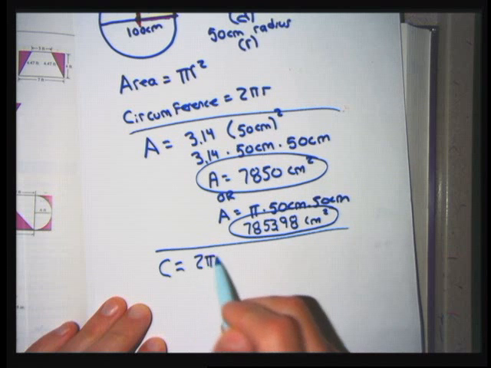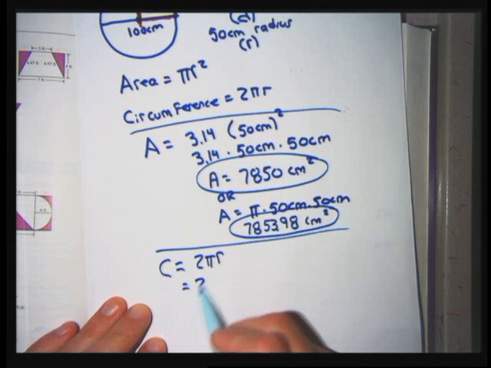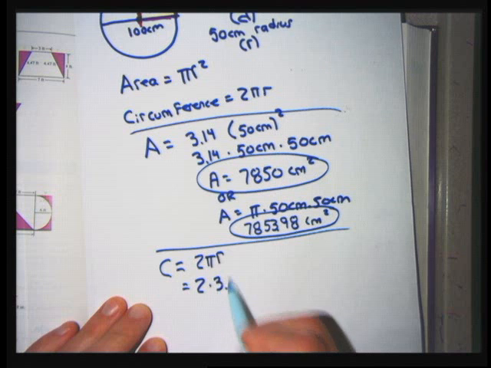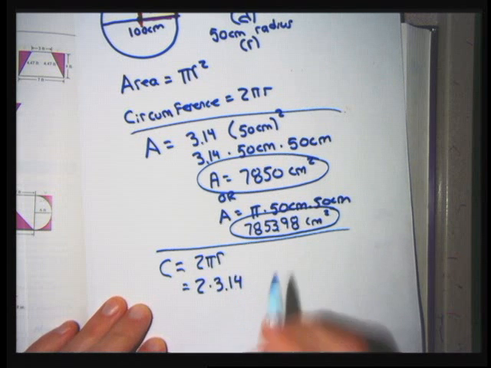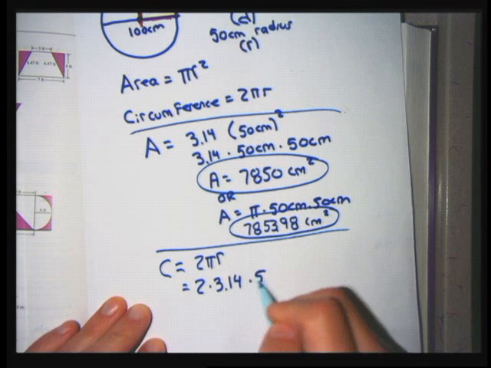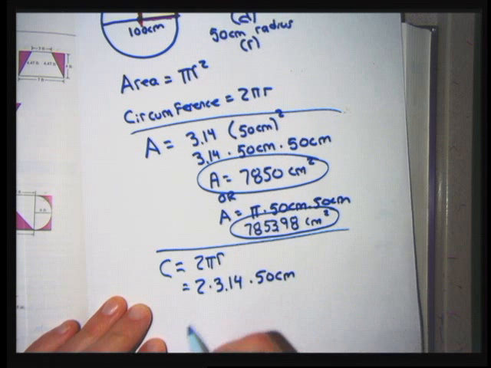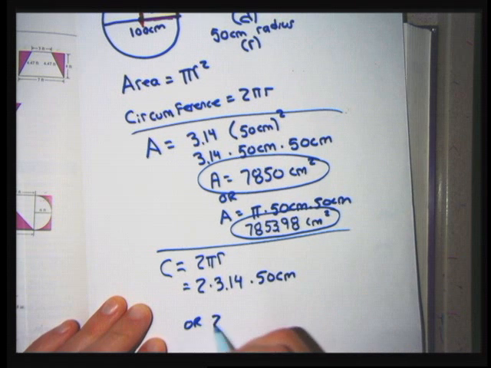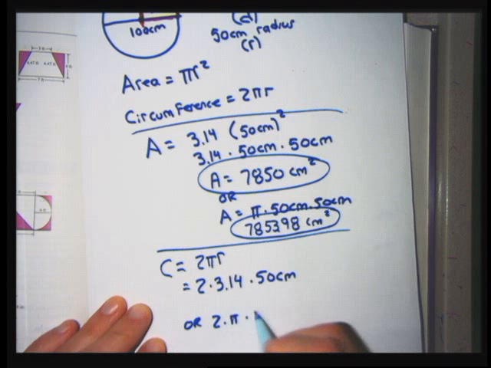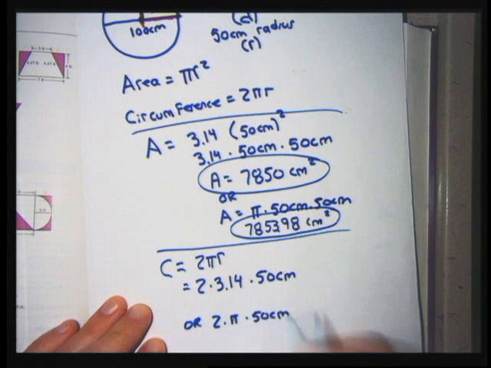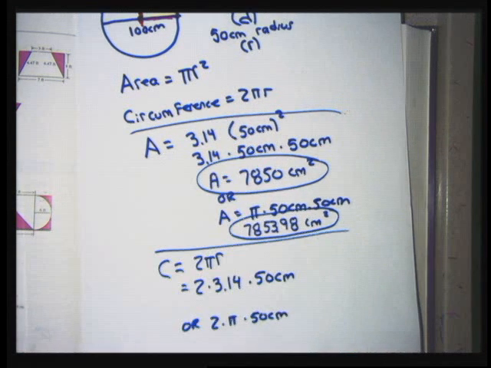And now the circumference, I'll have the same deal. If I use 3.14 for pi, I'll get a different answer than if I use the pi button. But nevertheless, to do the circumference, the formula is 2 pi r, so I'm multiplying 2, and then something that represents pi, and then times the radius.